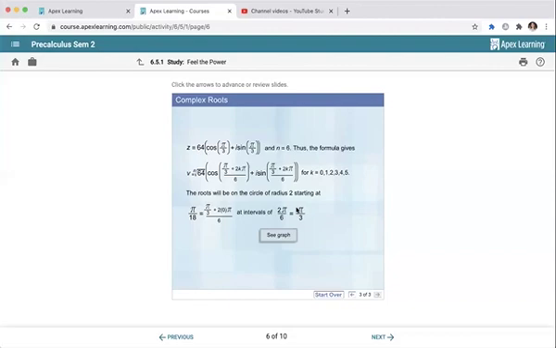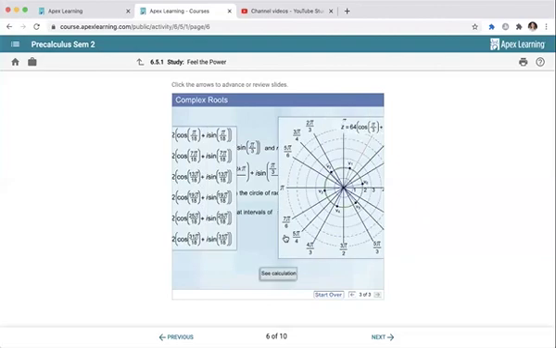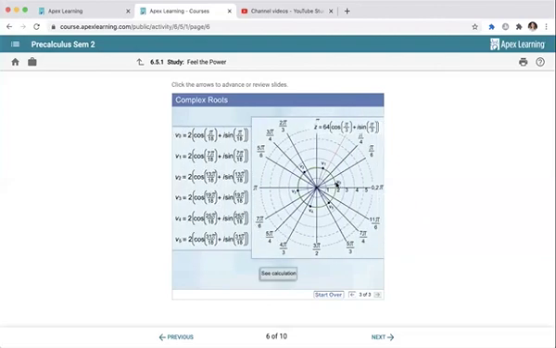And the reason we can know that is because we tested out a couple of different values, and we realized the difference between them is just an interval of pi over 3. So we'll start at pi over 18, move pi over 3, show another one, move pi over 3, show another one, move pi over 3, show another one, until we go an entire full rotation. And that's perfect. This is exactly what we're talking about.